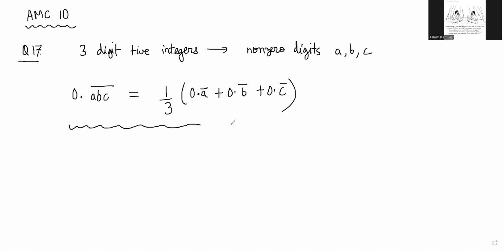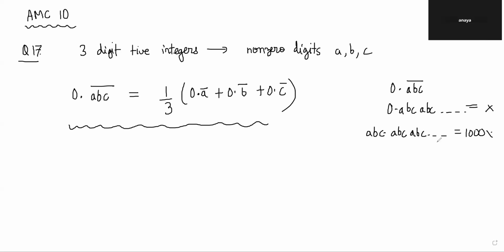Okay, so we have to first figure out what fraction represents this number. Basically this is like 0 point ABC, ABC and so on. If you call that X, we can multiply it by 1000 and you'll get ABC dot ABC, ABC and so on.